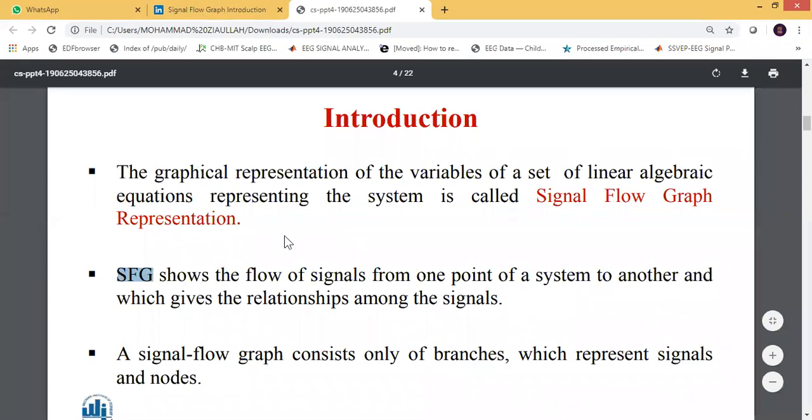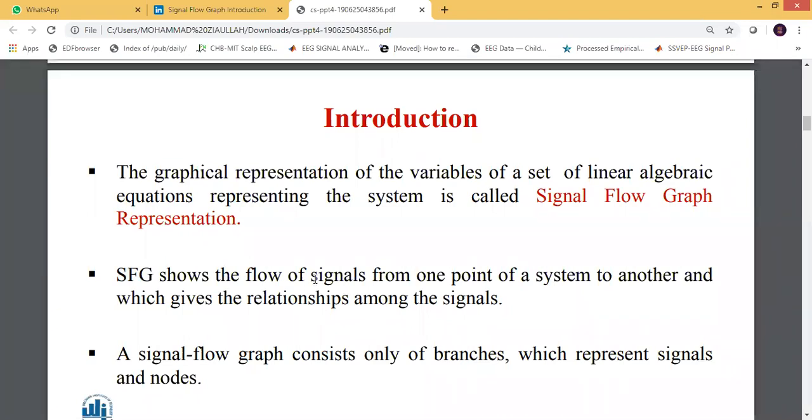The signal flow graph shows the flow of signals, meaning how the signal is flowing from one point of the system to another point of the system. It also gives us the relationship among the different signals.